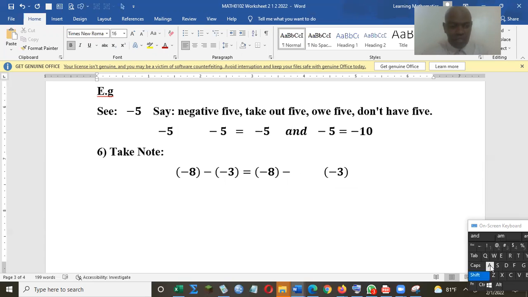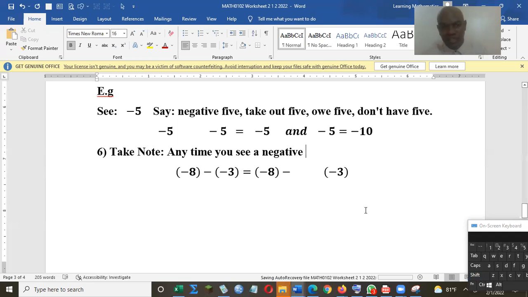It could be a positive or negative, especially a negative. Anytime you see a negative sign, because normally the positive sign is not shown. If you don't see a sign, it's a positive. Anytime you see a negative sign, it is attached.